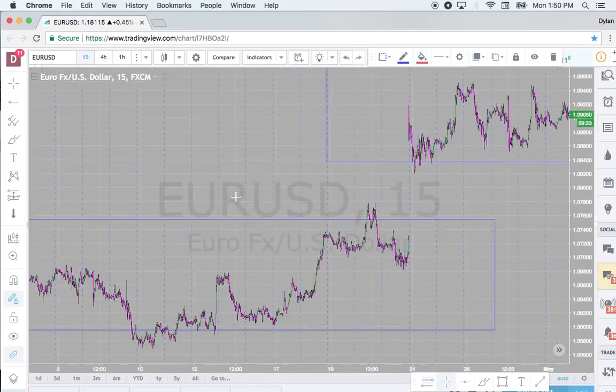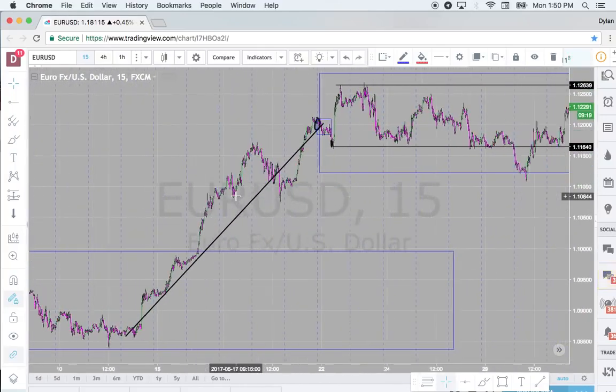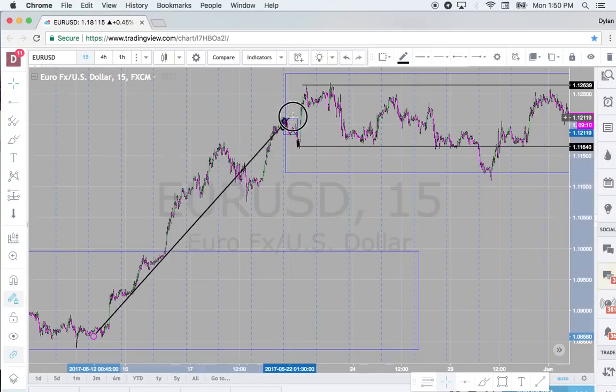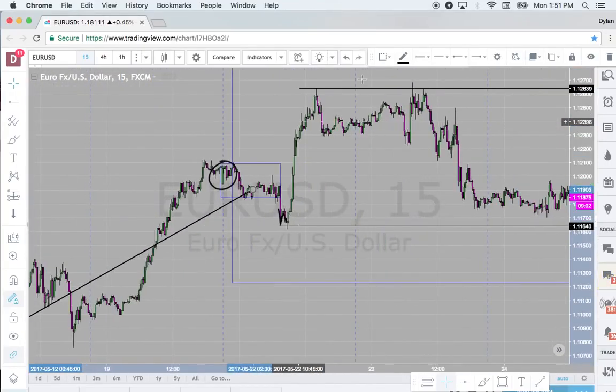So let's start off right here. We can see the price came up from an uptrend and then hit a high, made a high at this point right here.